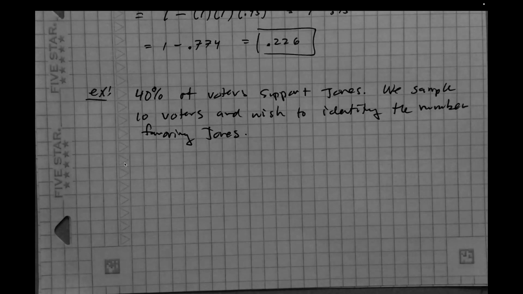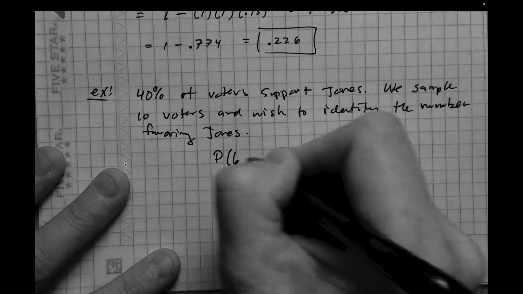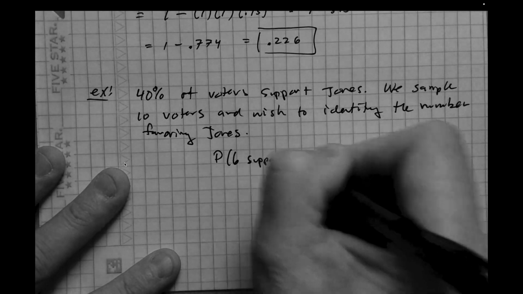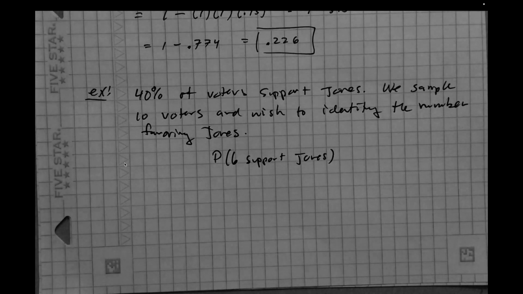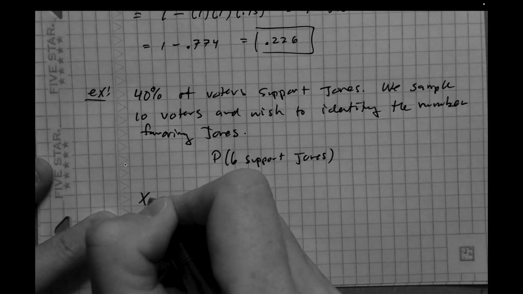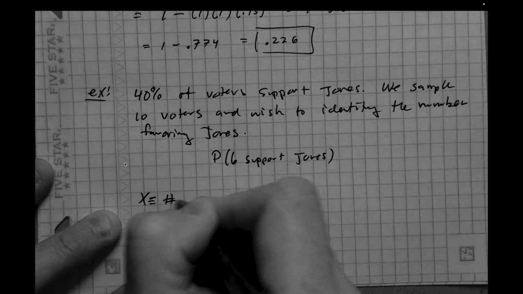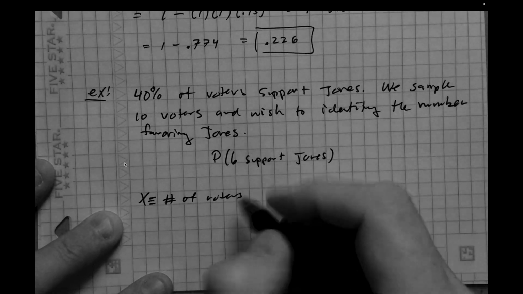Okay, so let's find the probability that 6 support Jones specifically. That would mean Jones has like majority support, right? All right, and so we'll say that X is the number of voters supporting Jones out of 10.